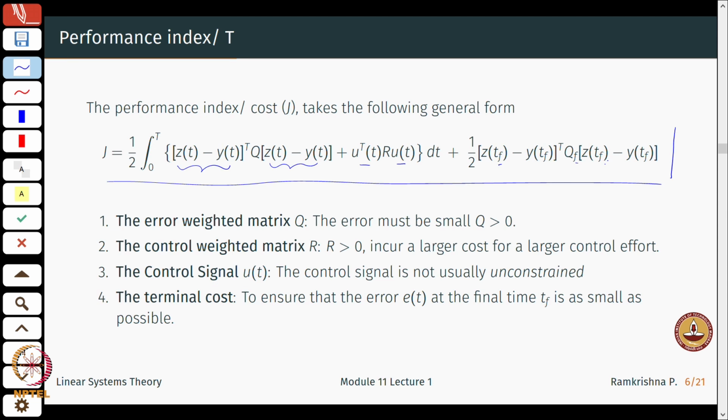Let me say that the first term in general could correspond to some kind of a tracking error, right. If I just want my state to go to 0, then I'm just looking at x minus 0. So this is my reference, this is my actual, and so on. So this is something to do with the error, some term Q here.